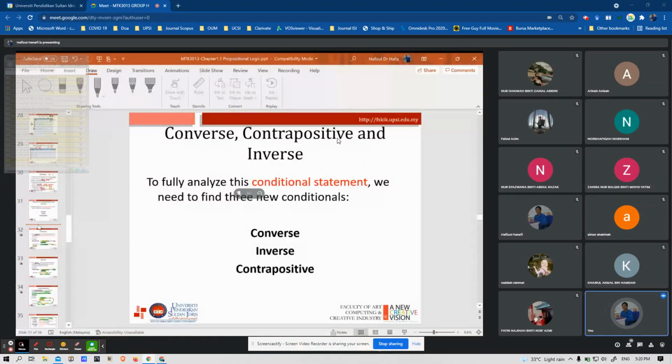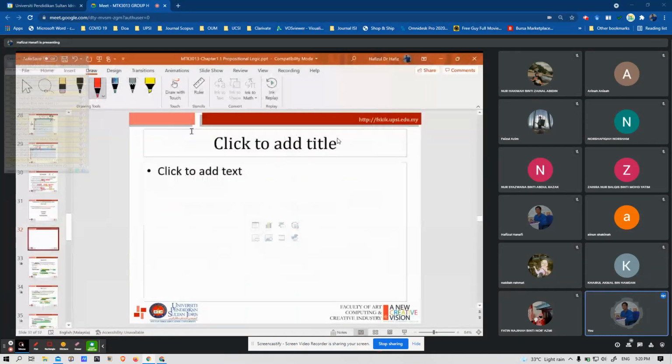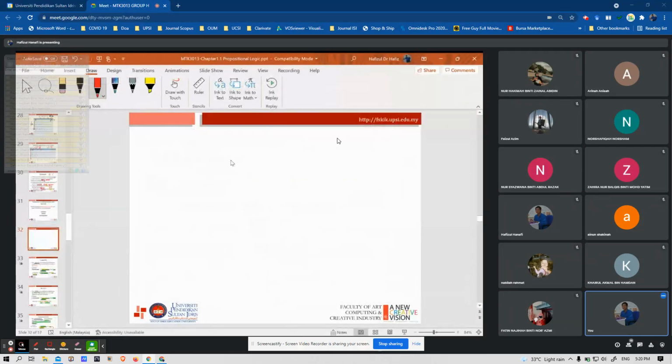Example, I give you an example. If P then Q, we can create three related statements.